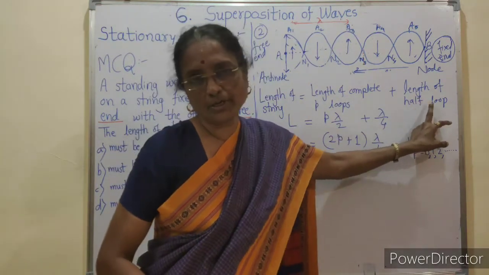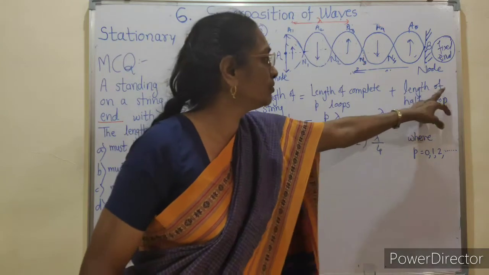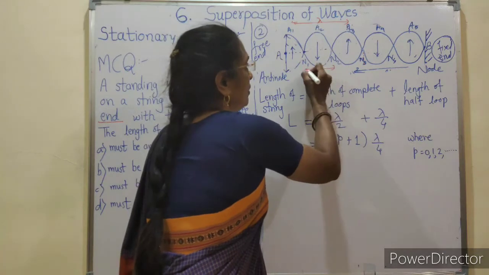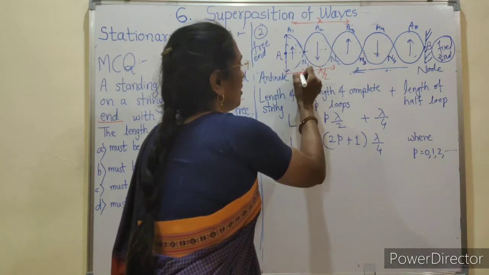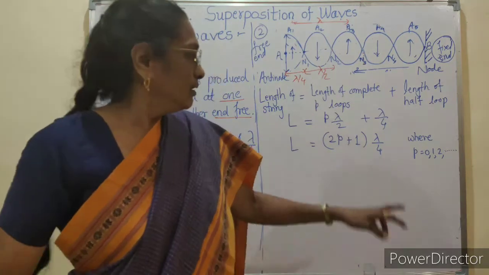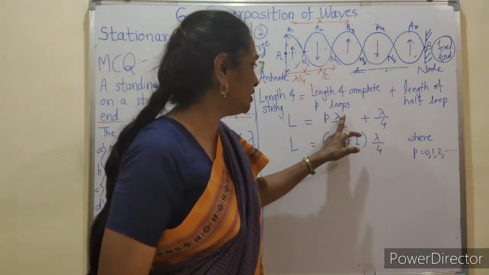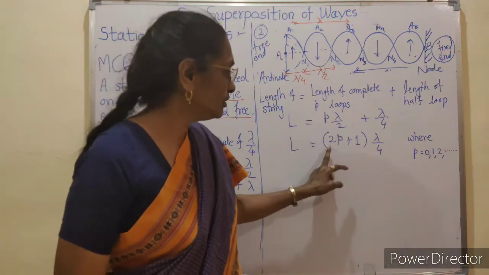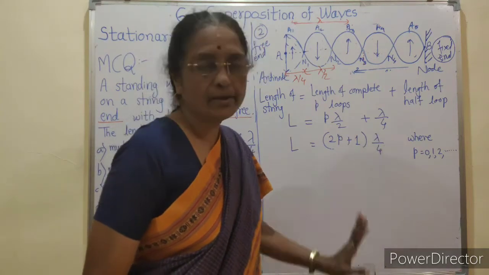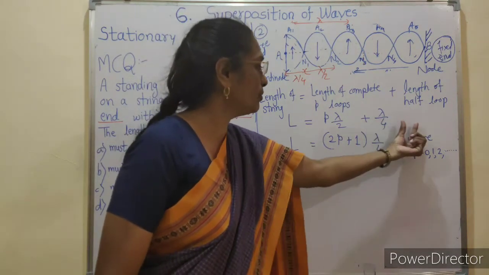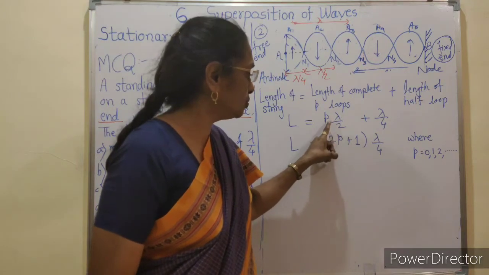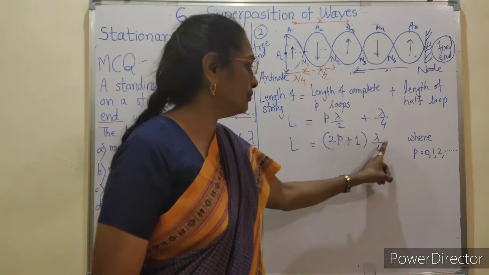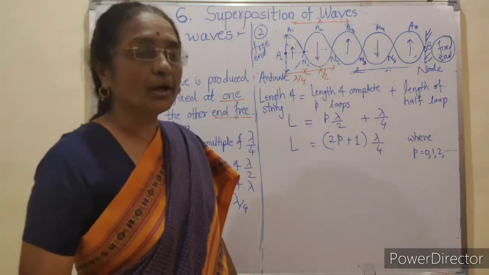There is the formation of a half loop. So the length of the half loop is lambda by 4, because the length of one loop is lambda by 2. The length of P loops is P into lambda by 2 plus lambda by 4. We have adjusted L equal to twice P plus 1 into lambda by 4. Lambda by 4 is taken common, but here there is a 2, therefore multiplying P by 2 we have adjusted this formula.